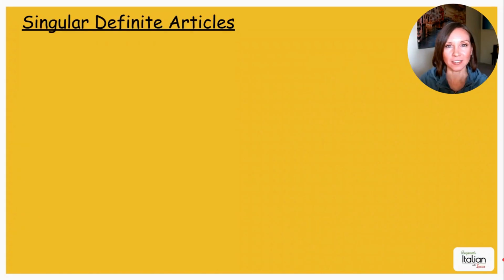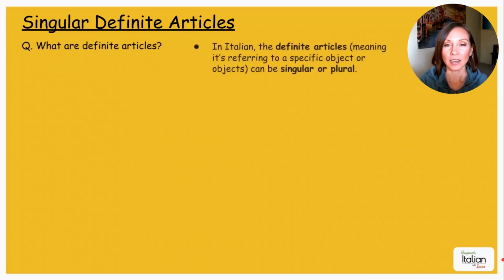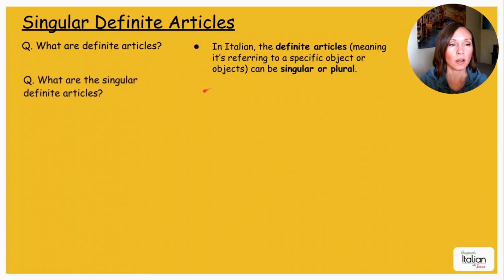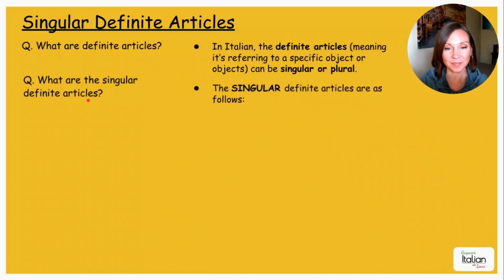Singular definite articles. What are definite articles? In Italian, the definite articles, meaning it's referring to a specific object or objects, can be singular or plural. What are the singular definite articles? The singular definite articles are as follows.